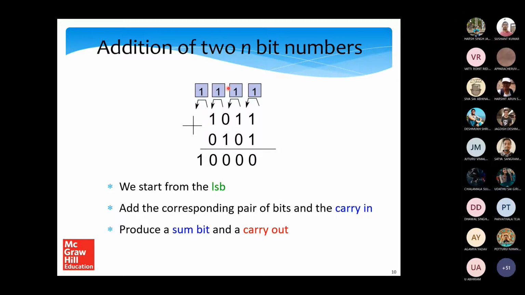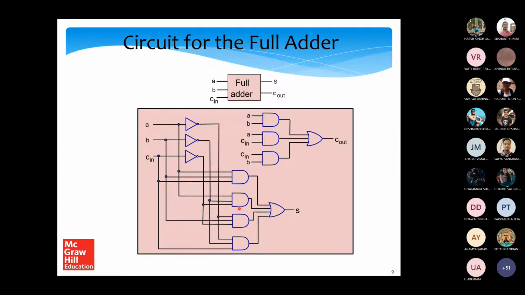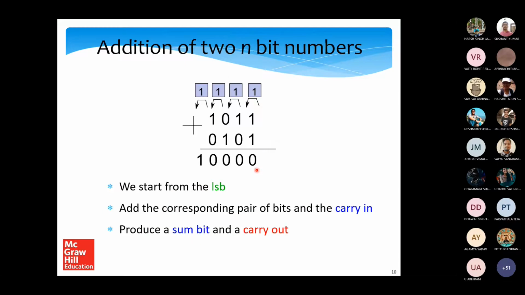If you have two n-bit numbers which need to be added, and each 1-bit addition takes 1 unit of time, for n such additions, the second addition cannot proceed unless the result of the first addition is available.